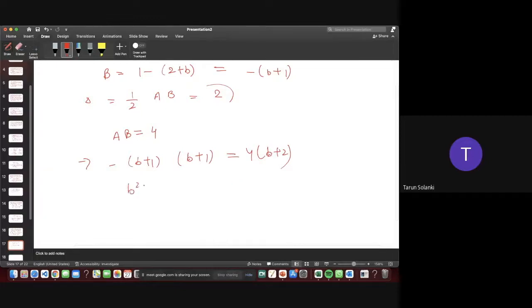So b square plus 6b plus 9 is equals to 0. So this is quadratic. So we can write (b plus 3) whole square is equals to 0. So here two values you will get, b is equals to plus minus 3. Okay, so plus 3 we can't consider because we are not taking that quadrant. Okay, so our final value will be b is equals to minus 3, right?